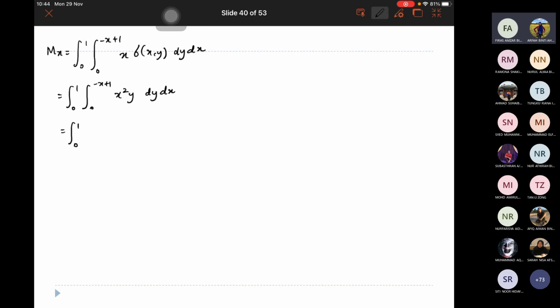Integration 0, 1 dia akan jadi x kuasa 2, y kuasa 2, 0, negatif x tambah 1, dx. Okay. So, this one akan sama dengan 0 sampai 1, x kuasa 2 darab negatif x tambah 1 kuasa 2 dx.